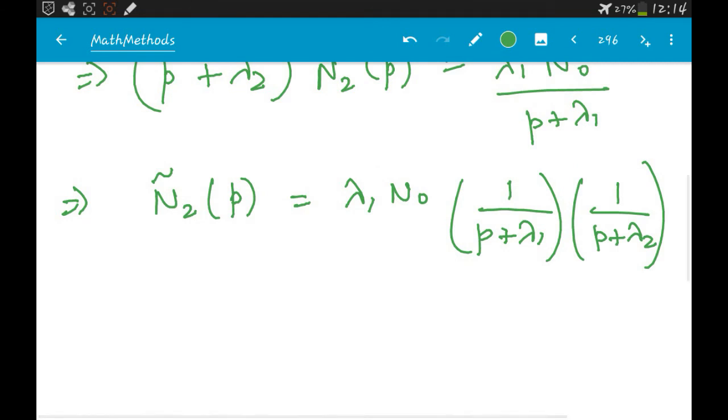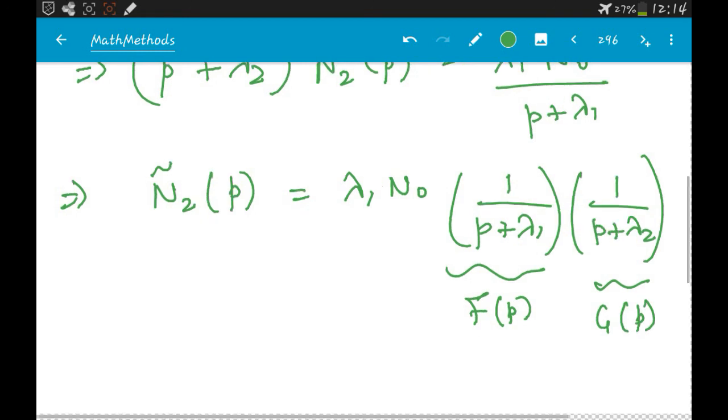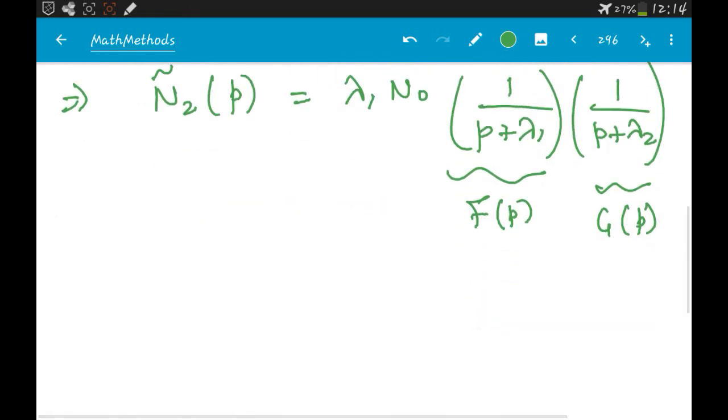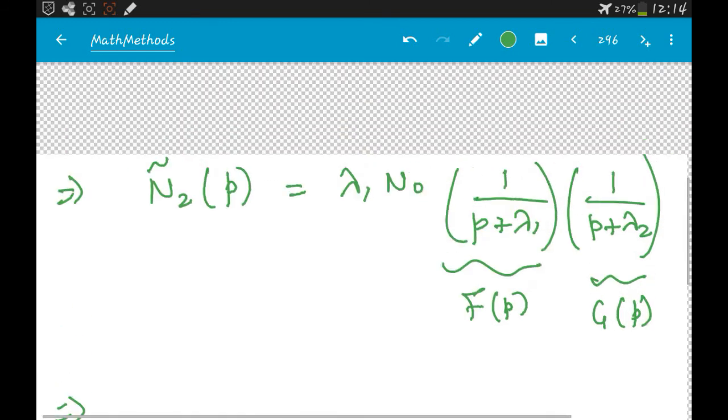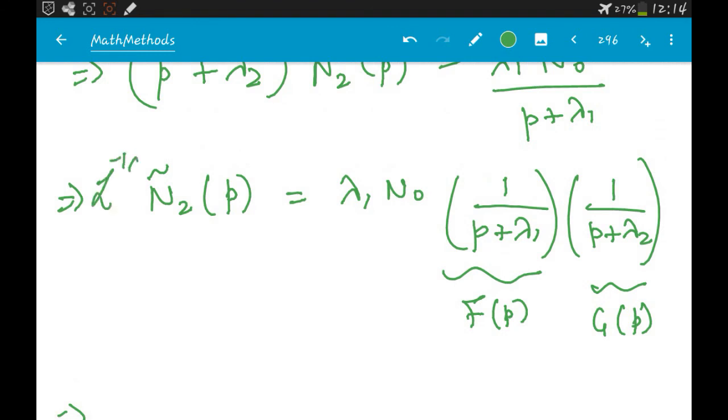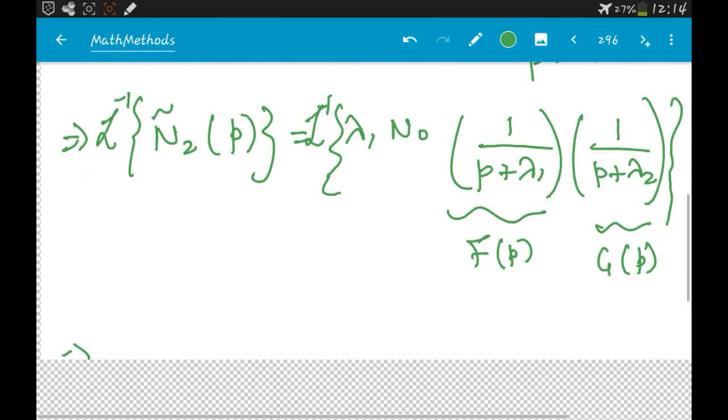Now you see that this is of the form f of p times g of p, right? So you can use convolution, because these are products of two Laplace transforms. If you want the inverse Laplace transform, you can use the convolution formula.